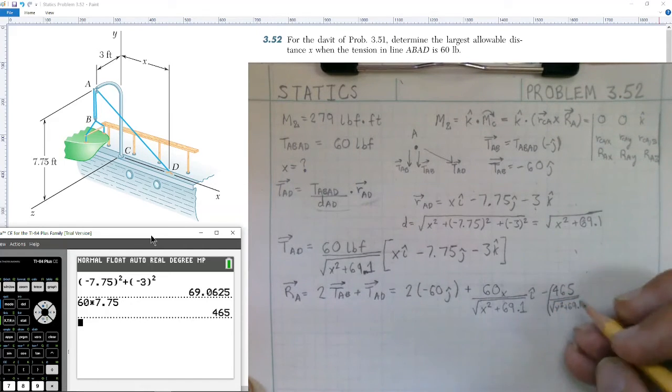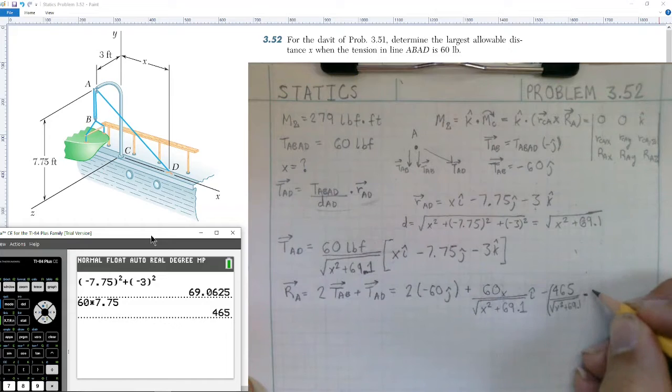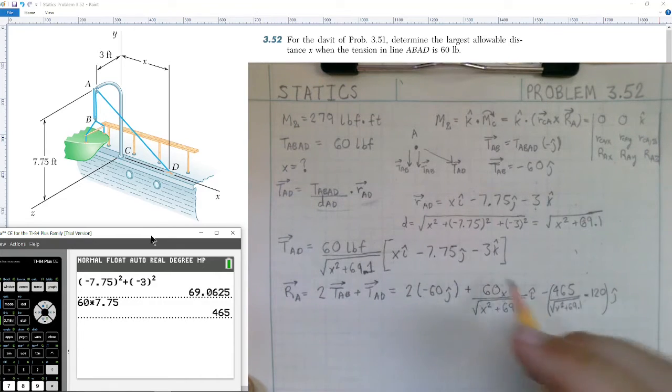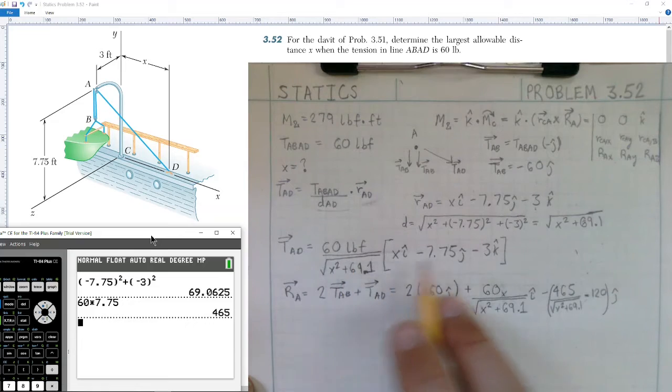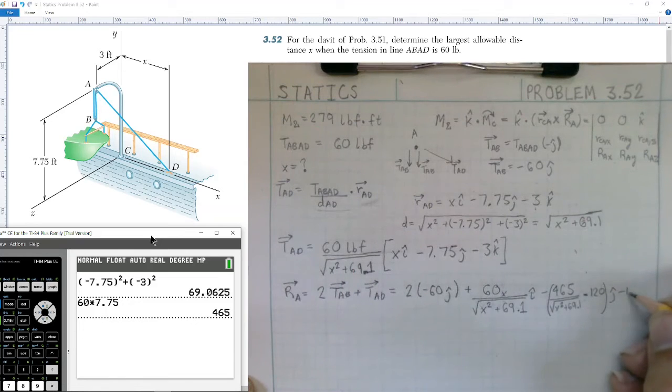So this would be minus 120, a separate value. This would all be in the j hat direction, this component for the resultant at A. And then finally, we'd have this 60 value times negative 3, so it would be minus 180 over x squared plus 69.1.